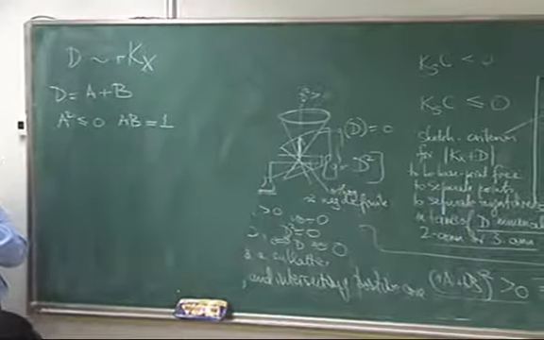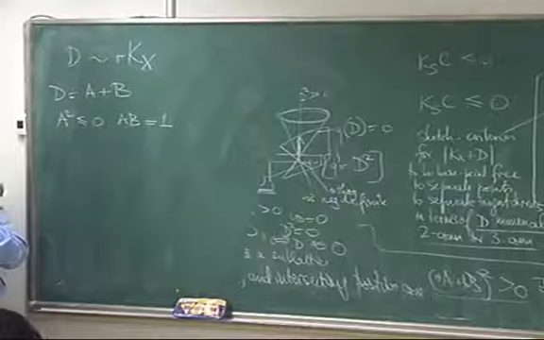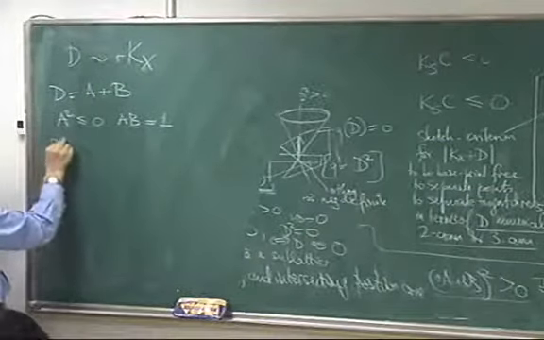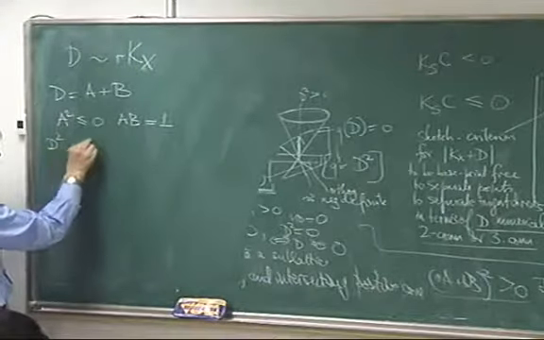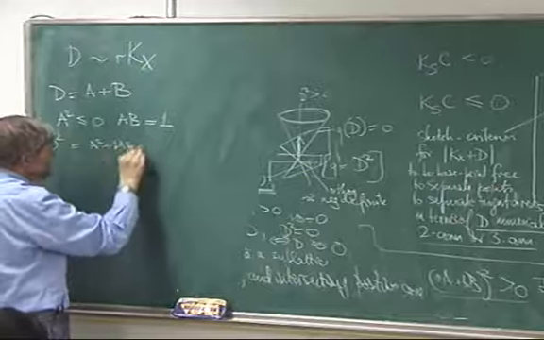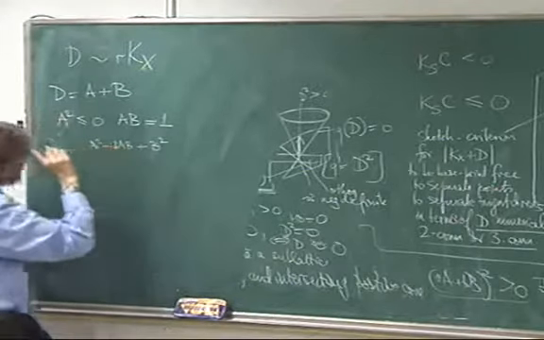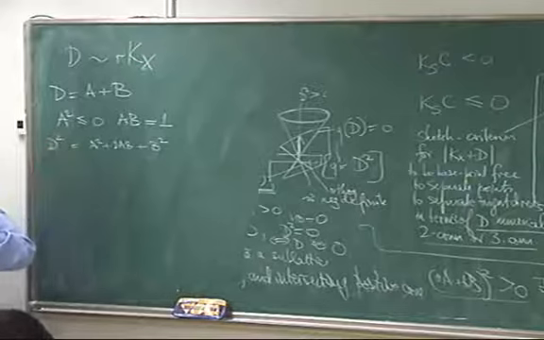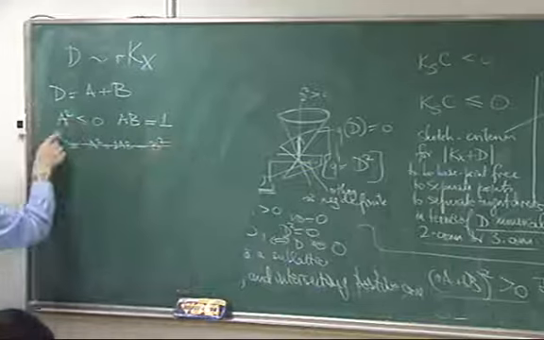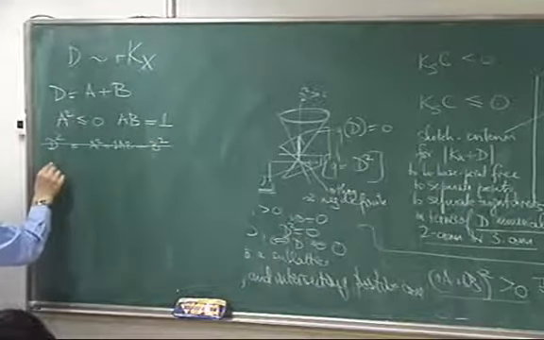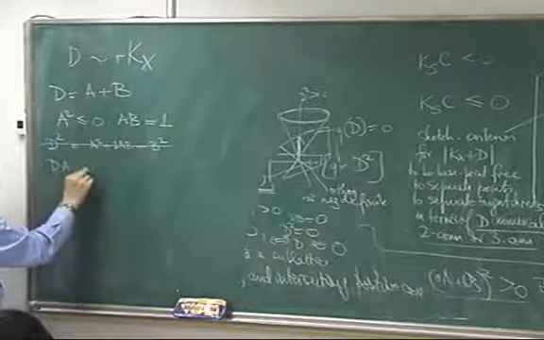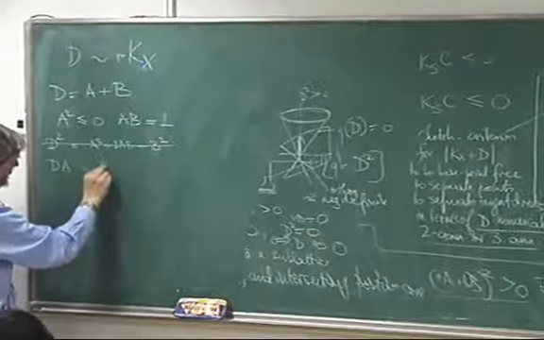The square: d squared is a squared plus b squared plus twice ab. I'm not quite sure I want to take the square. I think what I want to do is take d times a. So that's the thing I had before: that's a squared plus ab.